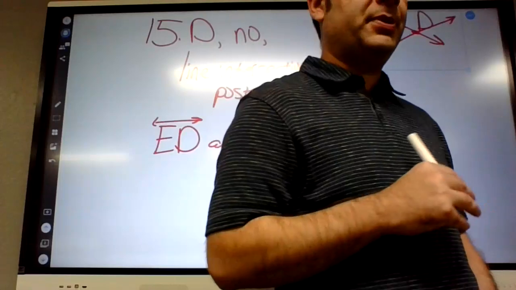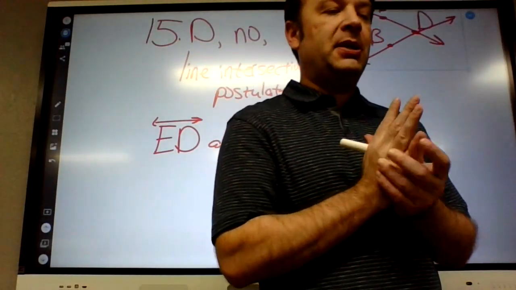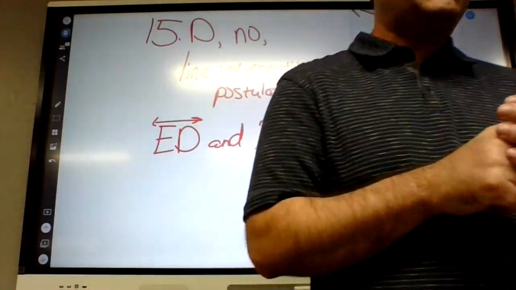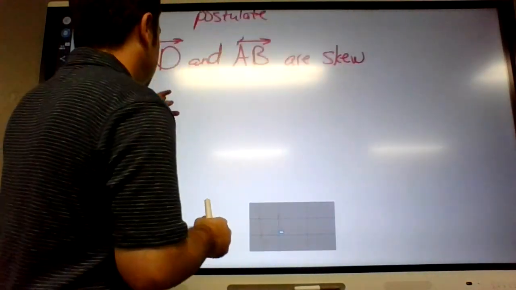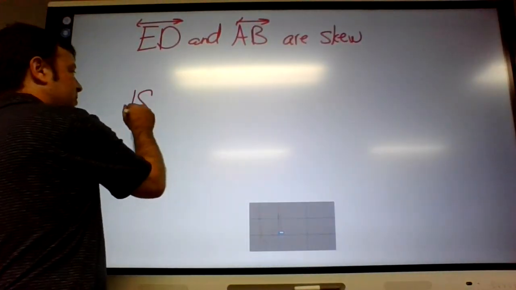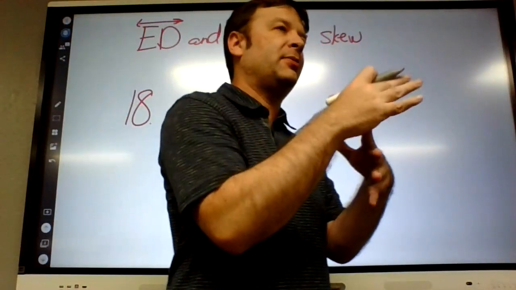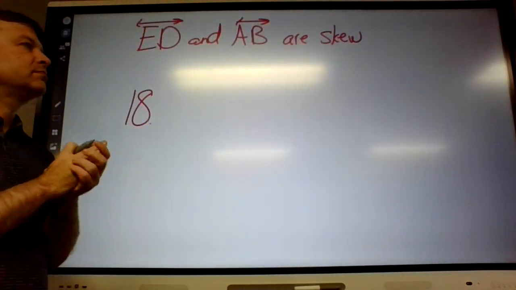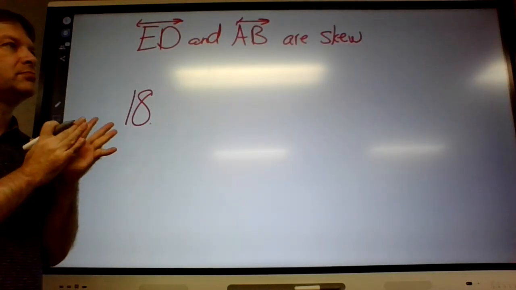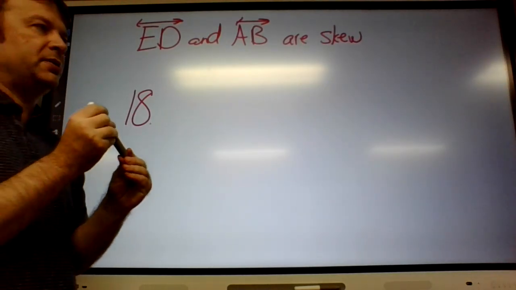18 I am going to help with because it's harder. Draw a line in a plane illustrating the possible number of points of intersection between the line and the plane. So what are some different ways that a line and a plane could intersect?